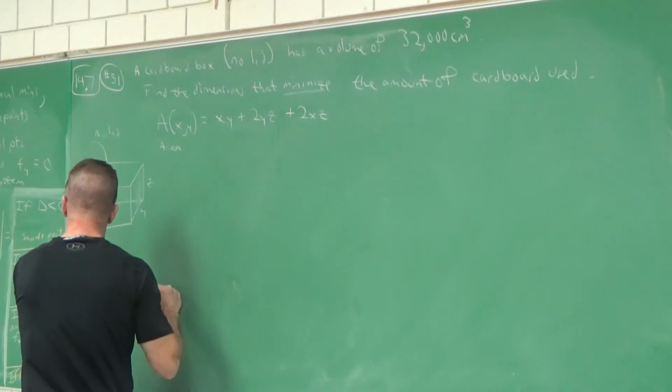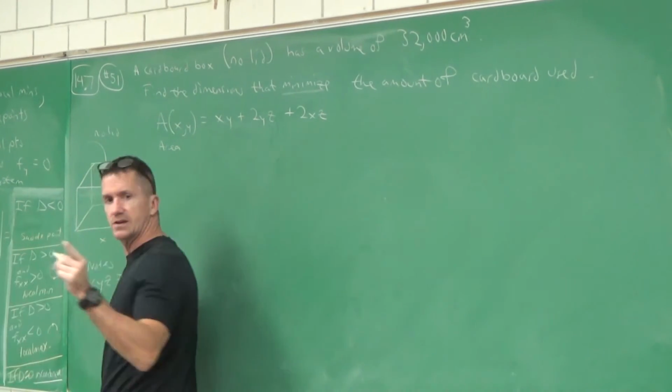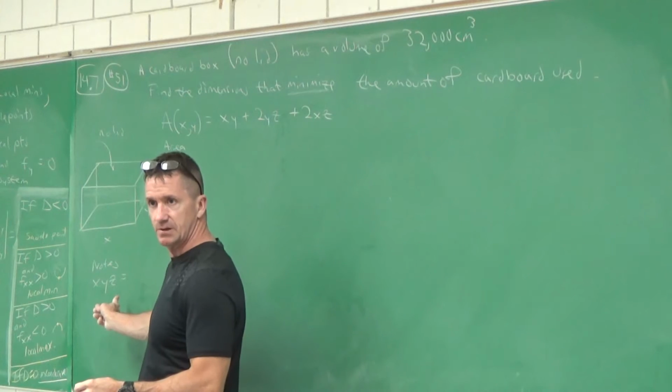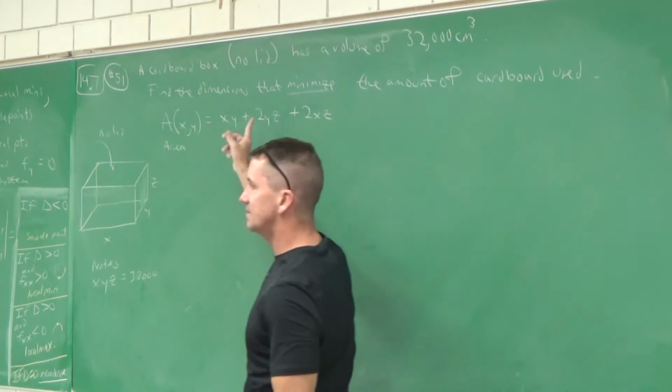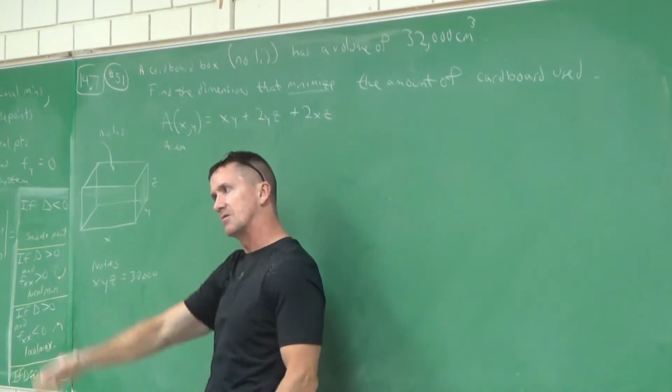So over here are my notes. Volume is length times width times height, so x times y times z must equal 32,000. Aha. Can't we substitute something into this, so we get this all in terms of x and y, and then we can roll?